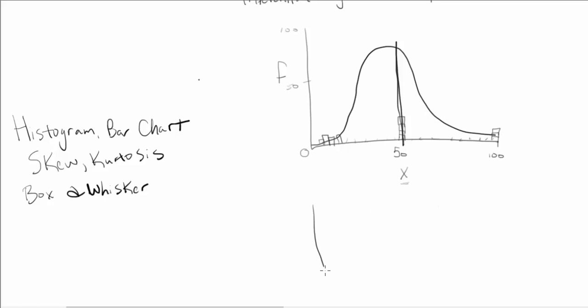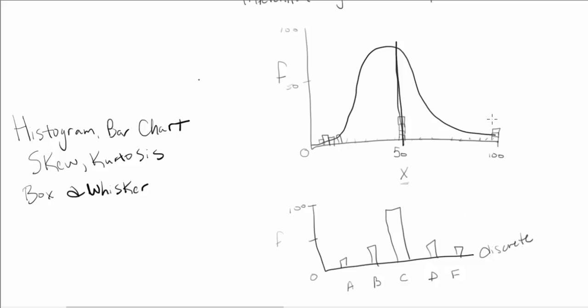If we had a different form of final exam score, say we wanted to know letter grade, here we would have how many A's, how many B's, how many C's, D's, and F's, right? Then for every one, we just draw how many people. In this, we have what's called a discrete variable. Up here, remember, this was continuous.